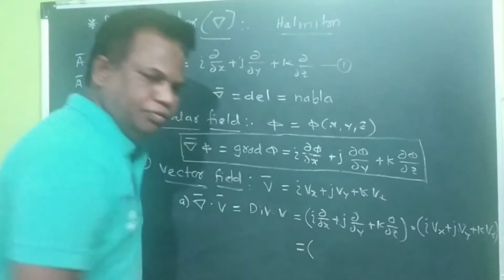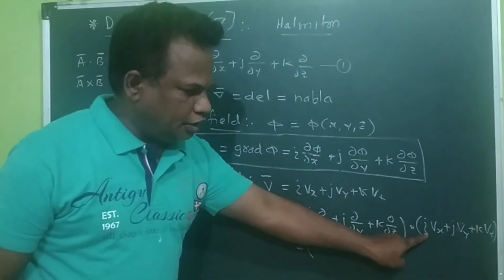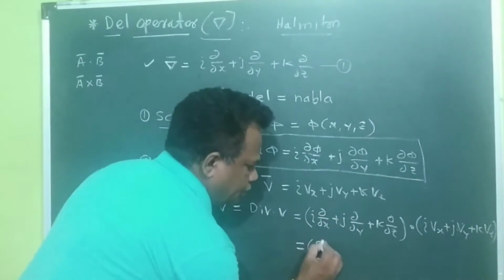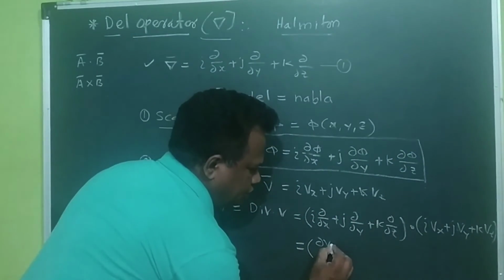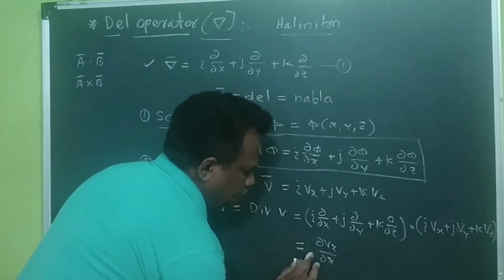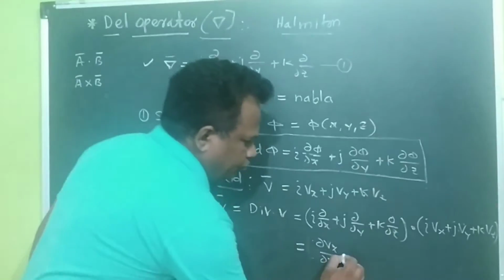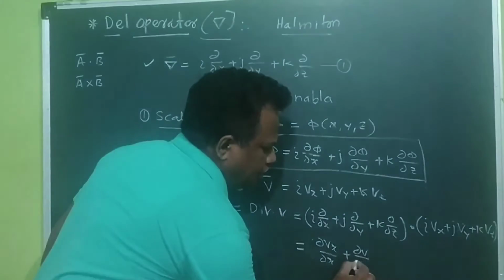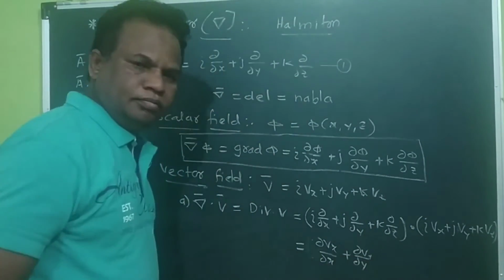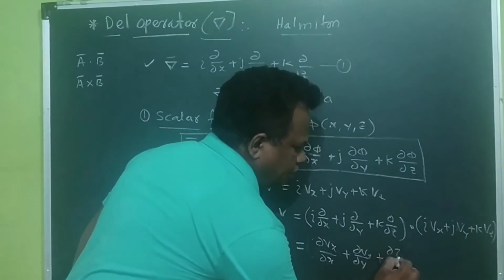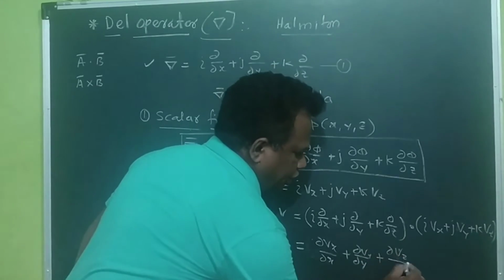i dot i, we have already seen that i dot i is 1. That means we can write ∂Vx/∂x + ∂Vy/∂y + ∂Vz/∂z.